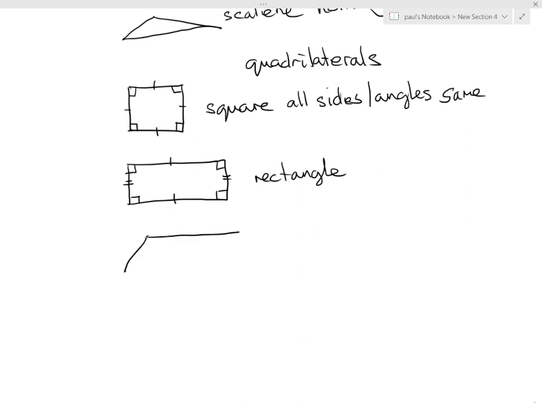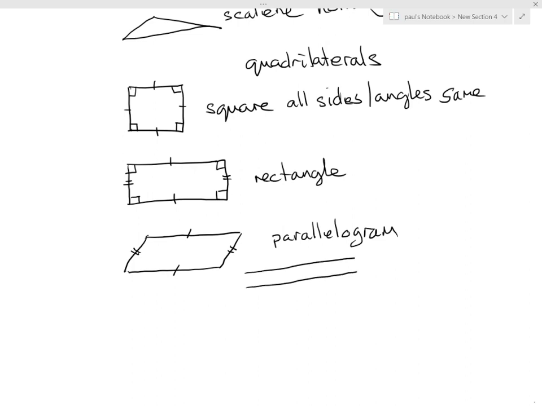Then we have this shape, which is called a parallelogram, and this is parallel to that, and this is parallel to that. And parallel just means that they are never getting further away and never getting closer.